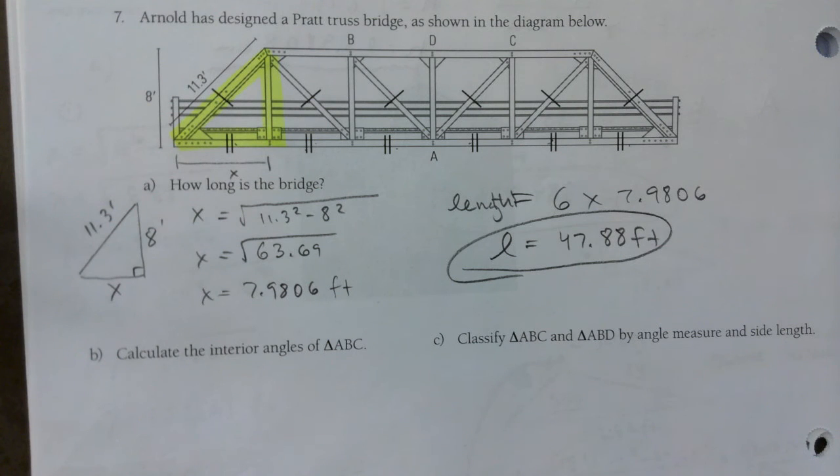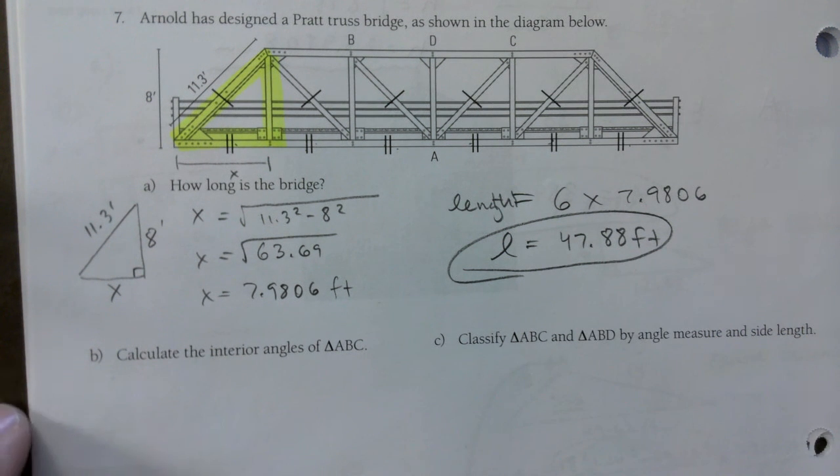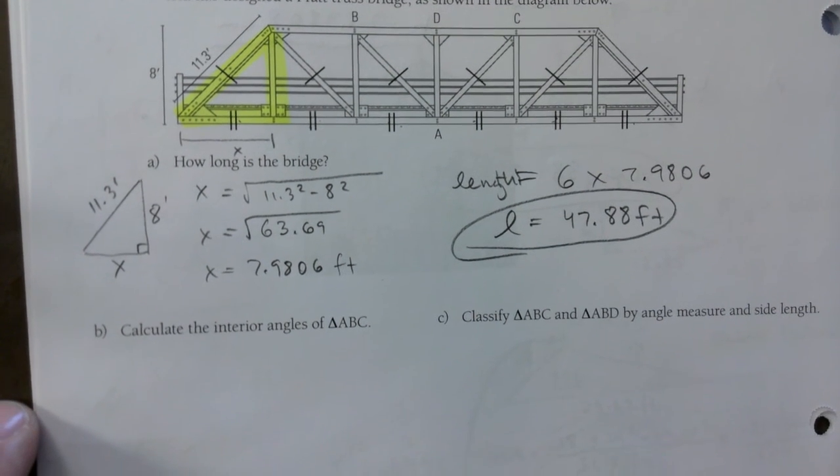So the bridge is 47.88 feet long. By the way, I take this bridge quite often and I just twist it, change it up a little bit, and add different labels. I just want you to know how to do a question like this.